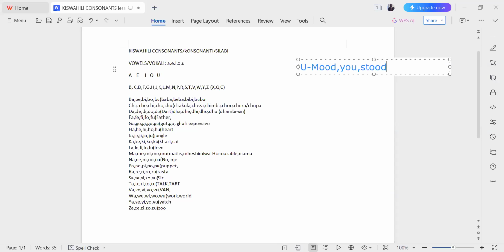In the syllable ba, we have ba, be, bi, bo. After bo, we move to bu. So it comes out as boo.